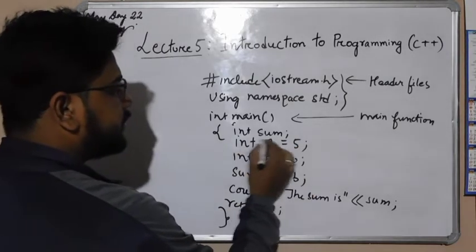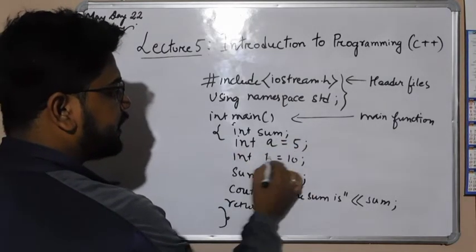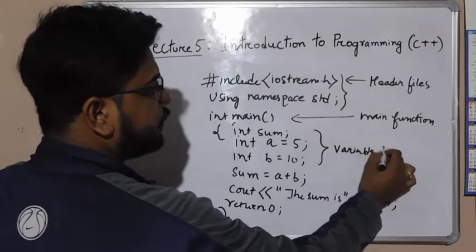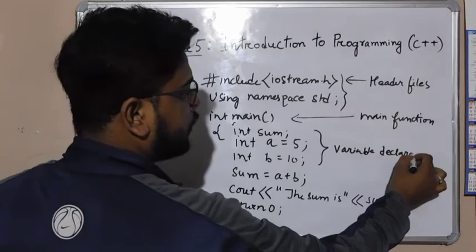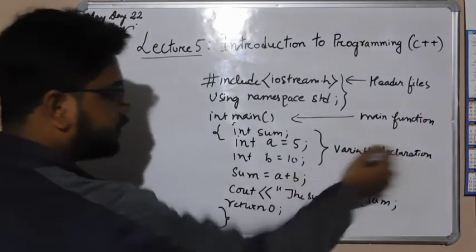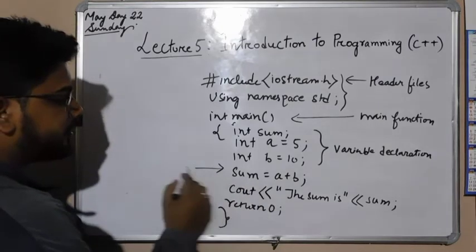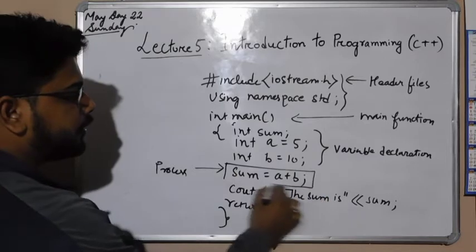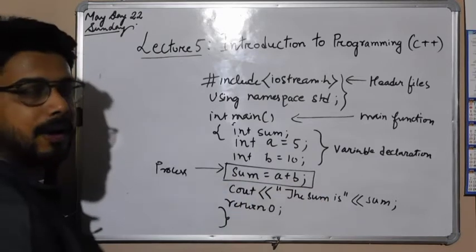Then these, int sum, int a, int b, these all are what? Variable declaration. Okay, these are the variable declaration. Now this, I hope it is clear. This is the process or the formula: sum equal to a plus b, right?